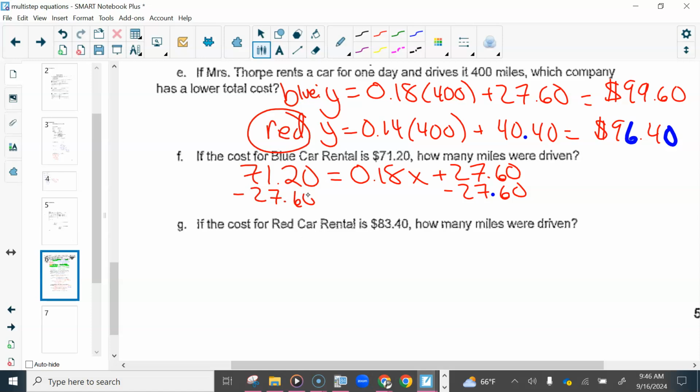That's what you said? Yeah. Okay. And then if I divide both sides by 0.18, Laura, what did you get? 242.2 miles.